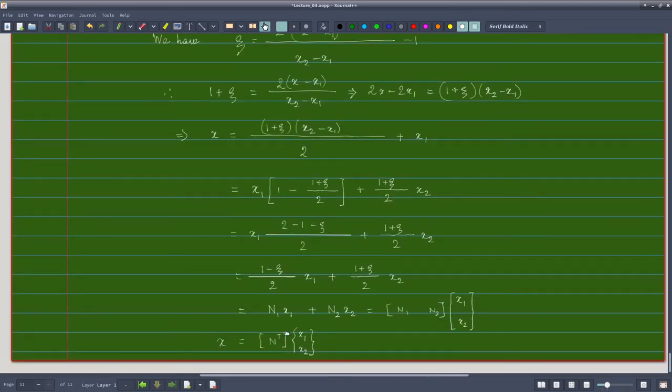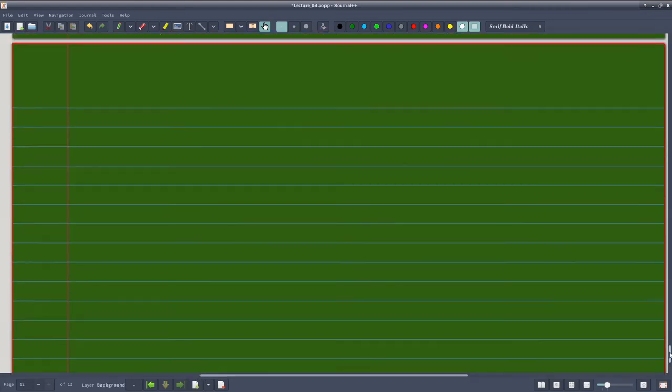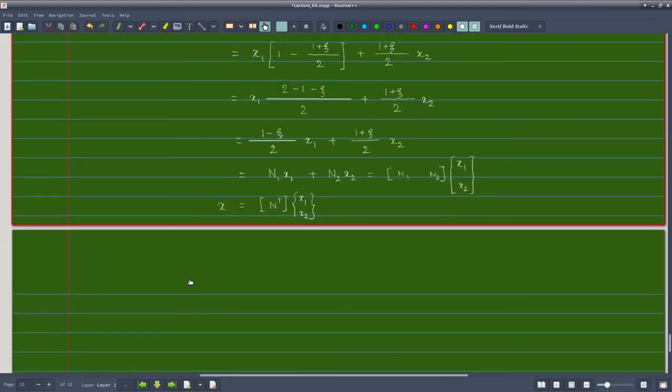Therefore, since the same transformation I am applying for both displacement and coordinate transformation, this type of element is called an isoparametric element. This is a very commonly used and famous term in finite element analysis.